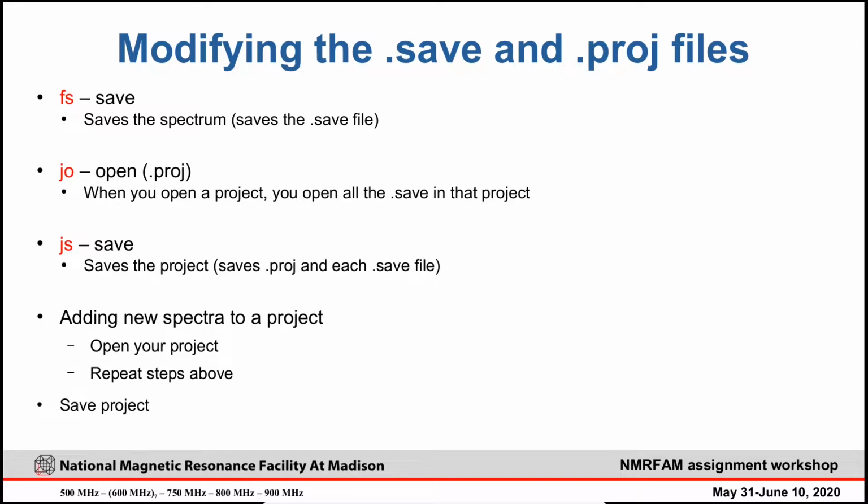But if you only have UCSF and you don't have save file, still you use FO to open your UCSF and then save using FA or FS, and then you save project file, and then you just repeat it.